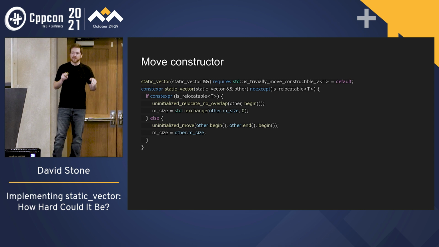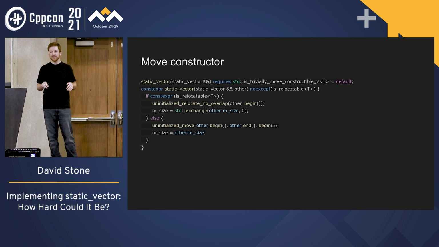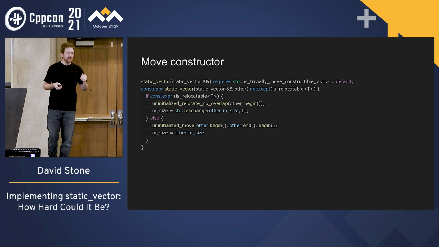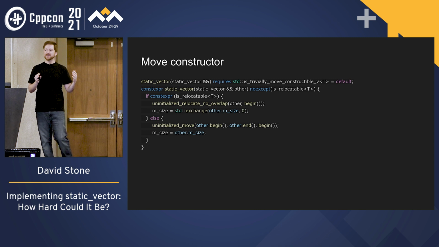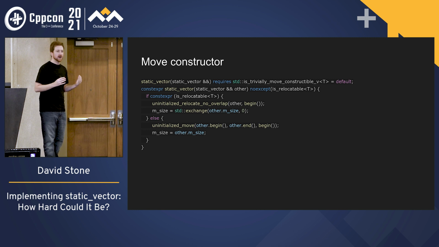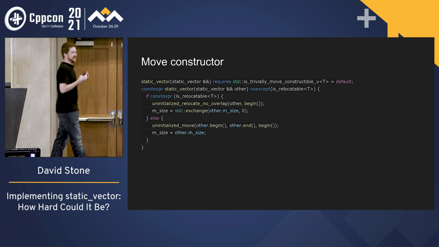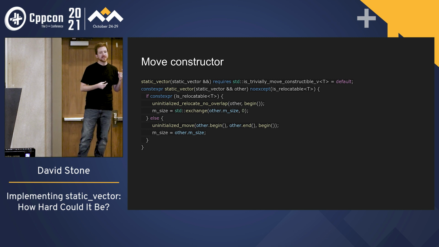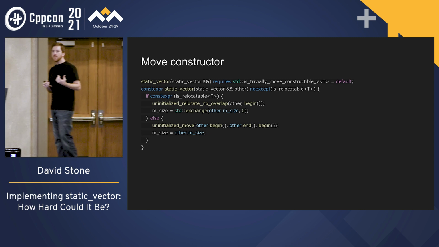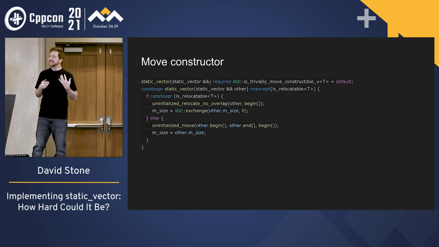You can search online for Arthur O'Dwyer, trivially relocatable, and his blog will come up with his videos, and he goes through that. So that's one aspect of it, and that's really important for optimization. Most types are trivially relocatable. But there are also types which are not trivially relocatable, but can still benefit from an optimization similar to relocation.